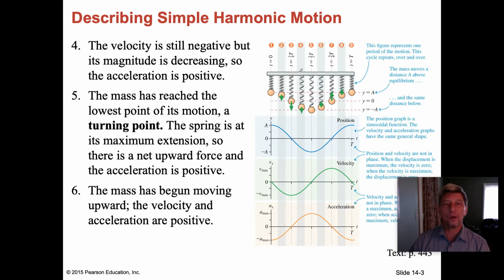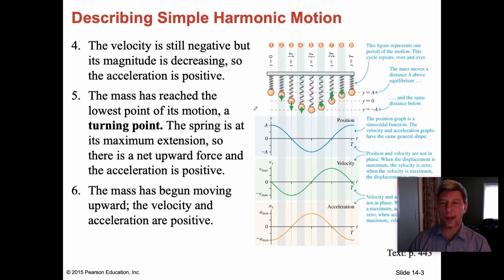At step 4, the velocity is still negative. All right, you can see that here. But the magnitude of the velocity is decreasing because we're going back toward the equilibrium point. And now the acceleration is positive. At step 5, the mass has reached its lowest point of motion.